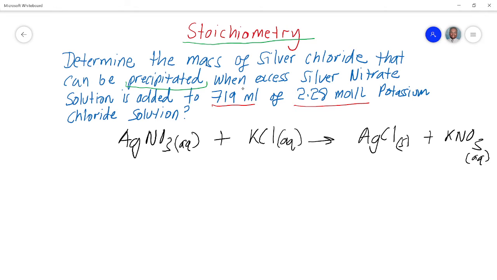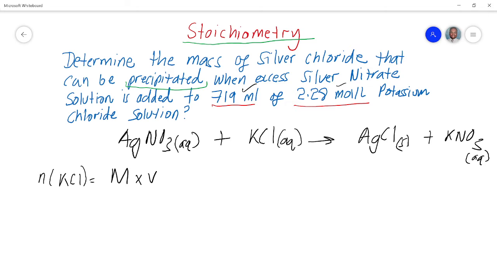Now, let's look at the information. We've got a volume of 719 mL and we've got our concentration of 2.28. We now need to find the moles of potassium chloride. So we can say n of KCl, where n means number of moles of potassium chloride, and the formula is molarity times volume. Some textbooks use C in place of M to say concentration, because molarity is concentration, the number of moles per given unit volume.